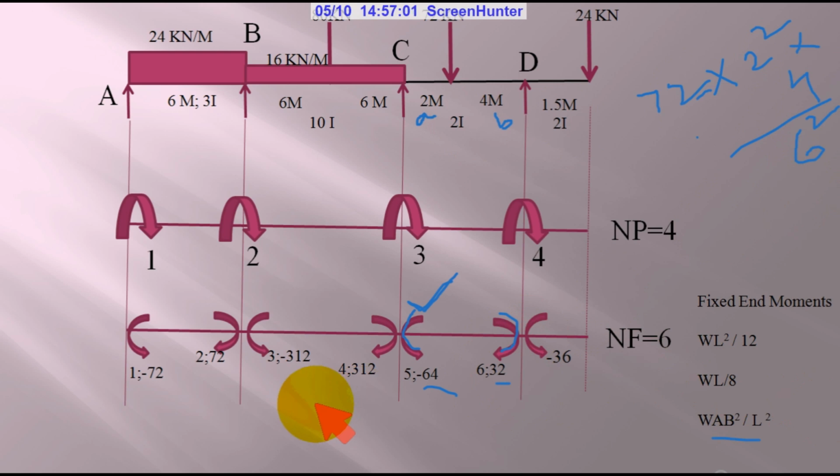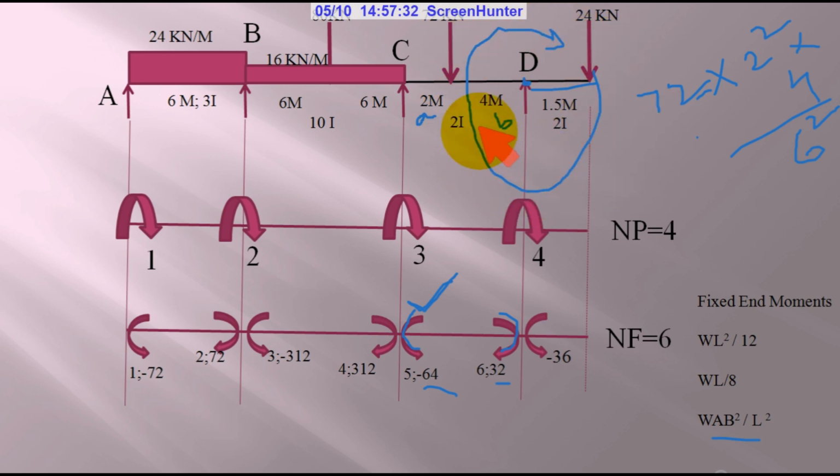So in this way, in case of eccentric load, you have to calculate the fixed end moments WAB square upon L square or WA square B upon L square. And finally, this overhanging portion, this 24 kilonewton concentrated load, you just see which type of moment this is giving.